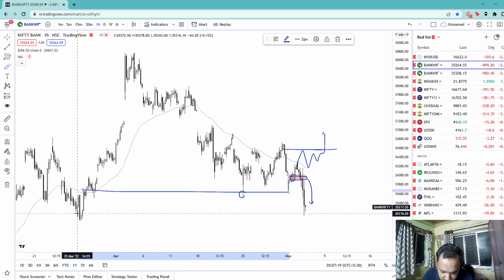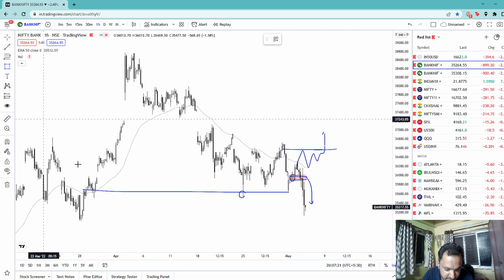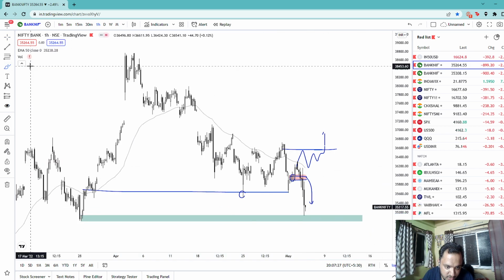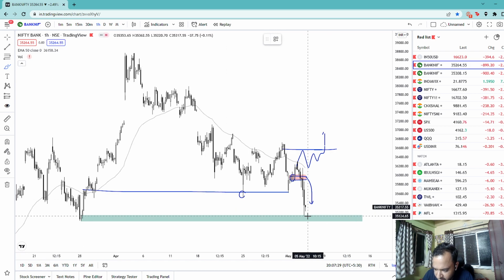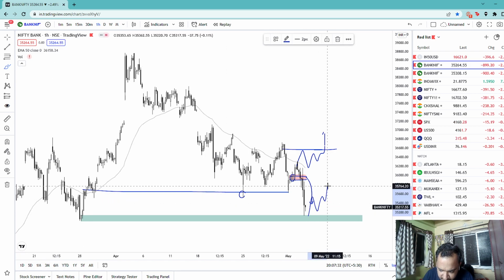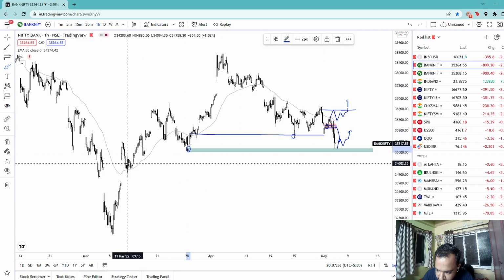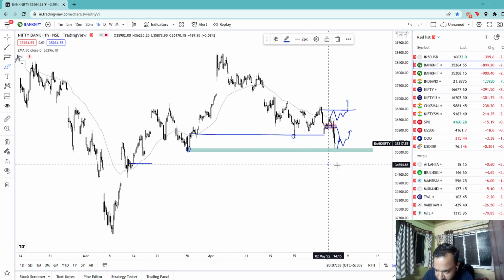So now we're going straight down into this level, which is the previous demand zone. We are halting at this demand zone, so maybe tomorrow or the day after we get some sort of a bounce here. But in Bank Nifty, if this starts to go, then you can take a short for the level of 34,600, this area right here.